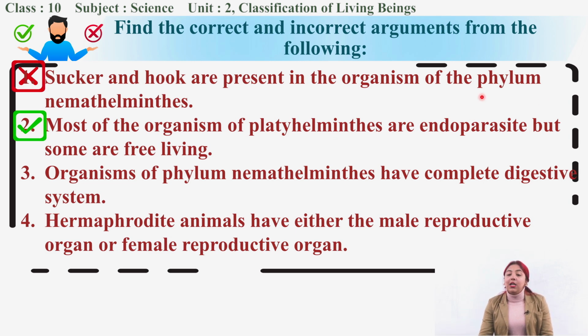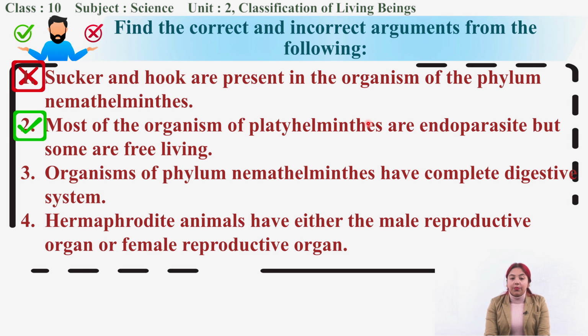So they are endoparasite. The exoparasites are those parasites like mosquitoes and ticks that are parasitic from external surfaces, from the external body. So they are called the exoparasite. But the organism that is present inside our body and has parasitic tendency is called an endoparasite. So this option is also correct.